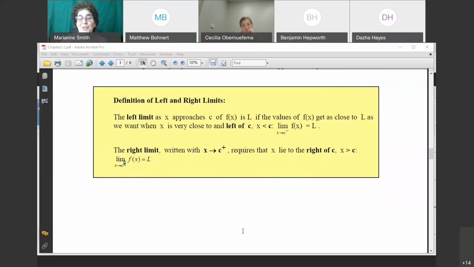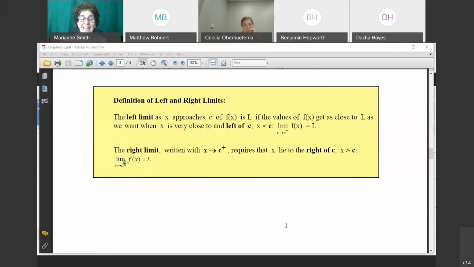And like I told you before, the right and left limits must be equal at a given x value in order for the limit to exist. Okay, so I'm going to put that in the chat. The right and left limits at x equals c must be the same number for the limit as x approaches c to exist.